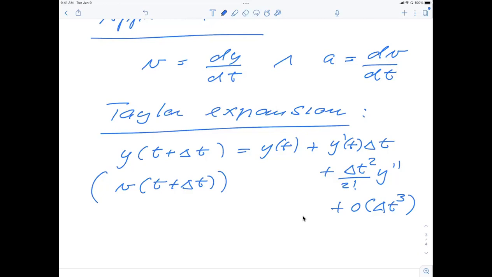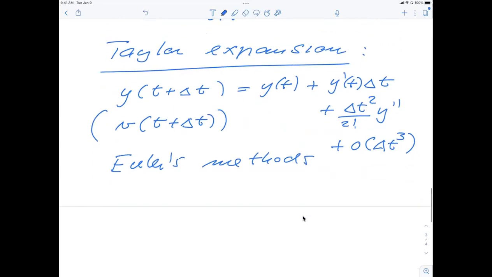That simply assumes that we can make delta t pretty small, and we can neglect terms which go like delta t squared or higher. So we use Euler's method, which means that we are going to skip terms with delta t to powers of 2 and higher.